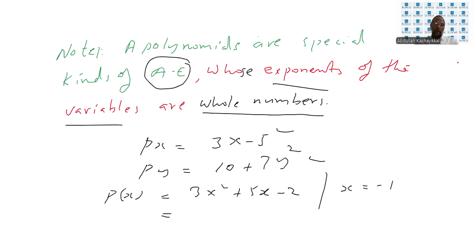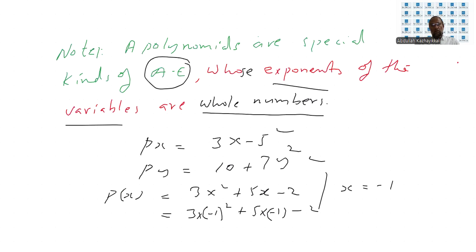It is simple. 3 into (minus 1) square plus 5 into (minus 1) minus 2. I put the bracket because of the minus.